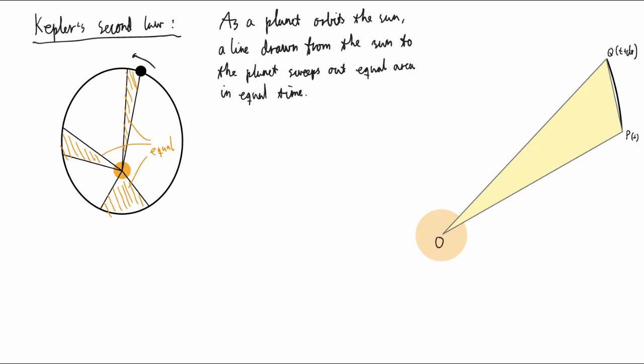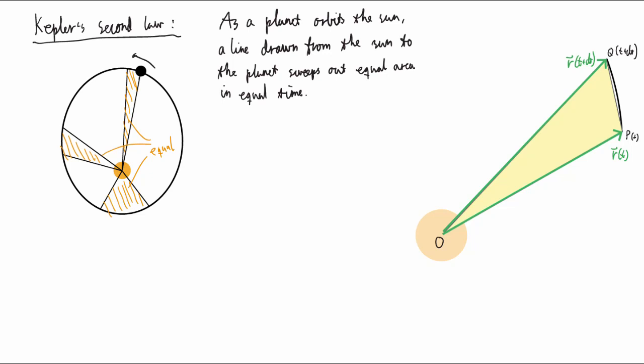We're going to choose the origin to be at the center of the Sun. Now, this line drawn here from the Sun to the planet is just going to be the position vector, right? So we have here the position vector r at time t, and this is the position vector r at time t plus dt.